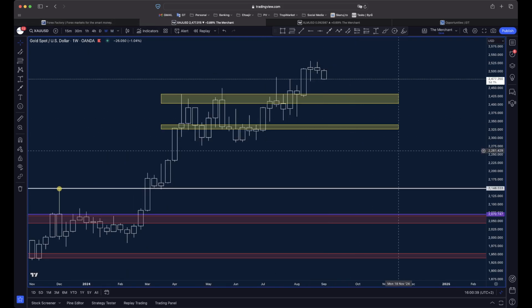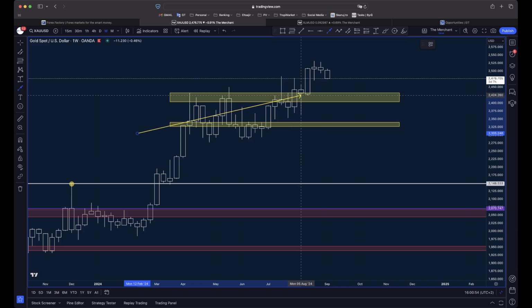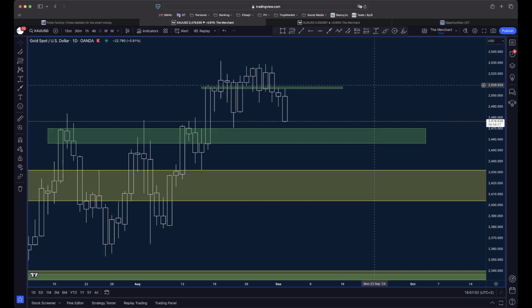Okay, on weekly time frame, very similar story, and you see, guys, that in general we had very choppy movement, but you can see that these zones were actually resistance a couple of times. Price broke above here, came to retest as a support, and then we saw a strong move to the upside. So I wonder if right now price is coming here, especially if we look at daily time frame.